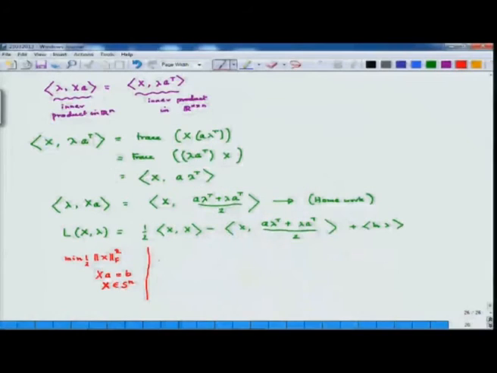So, in Sn I am doing this problem. On this I can now apply the Karush-Kuhn-Tucker condition by taking the gradient of the Lagrangian.